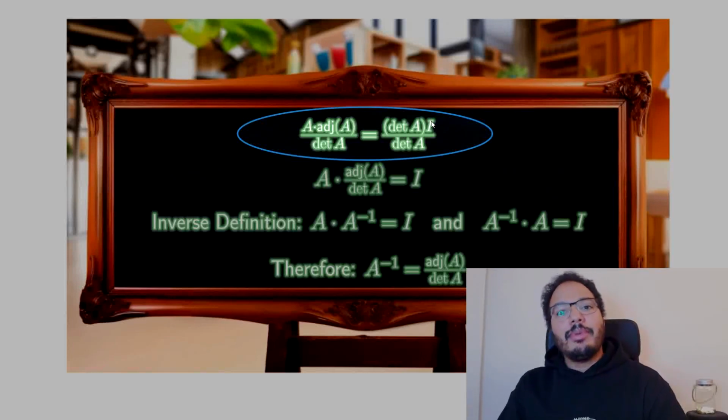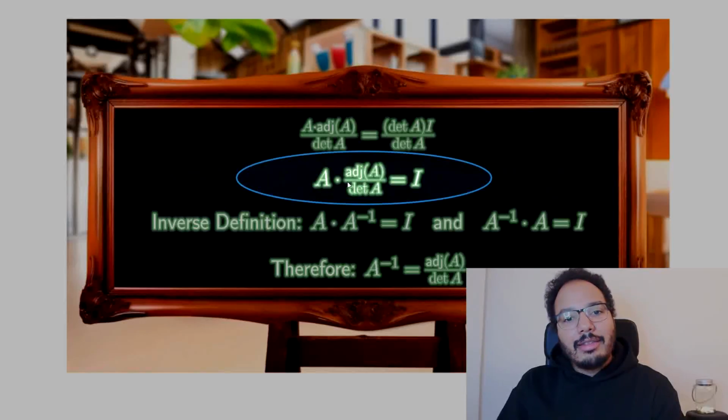And the next step, we just want to isolate the I over here, so we can remove the determinant of A by dividing by it on both sides. So we already did it in this step. Divided by determinant of A over here, and this just cancels and leaves the I over here.